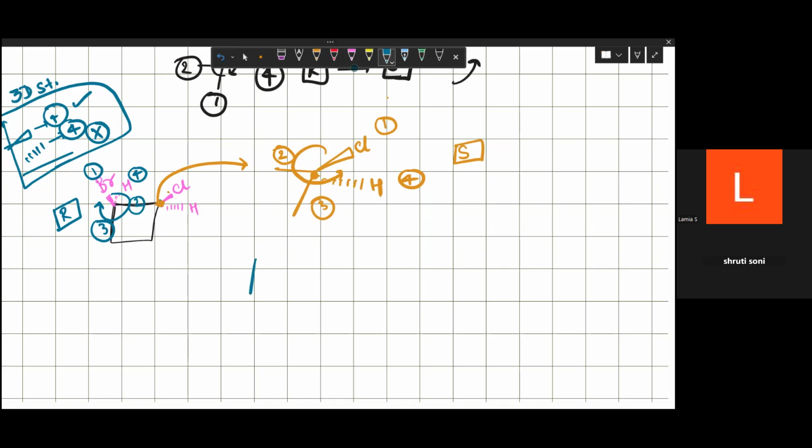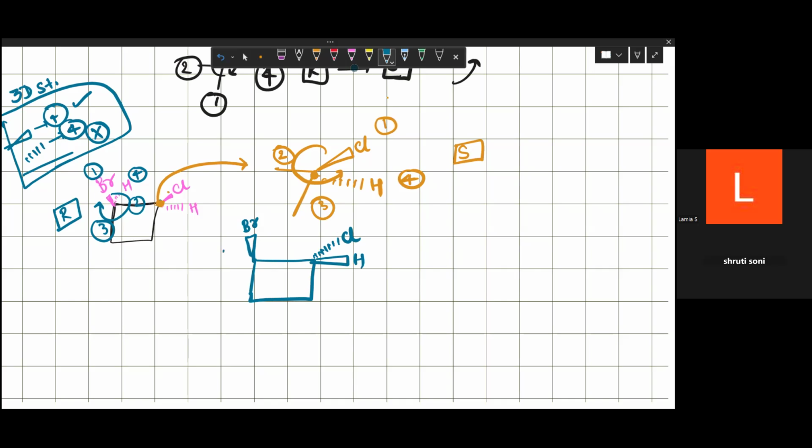So now, is our structure correct as I drew? No. The bromine on the wedge side is correct. But chlorine on the wedge side is wrong. So what I'll do, I need to attach chlorine on the dash side and hydrogen on the wedge side.